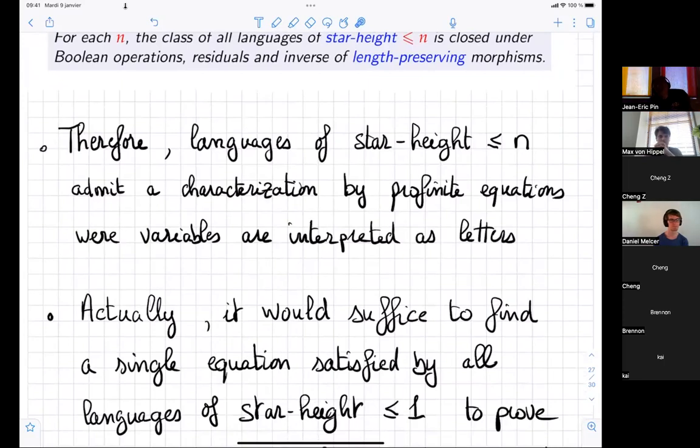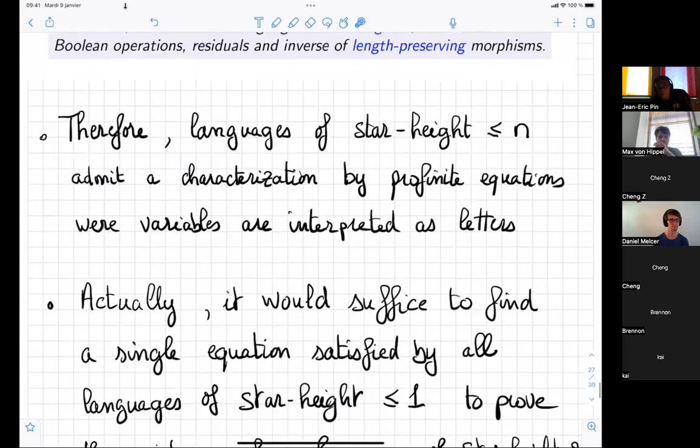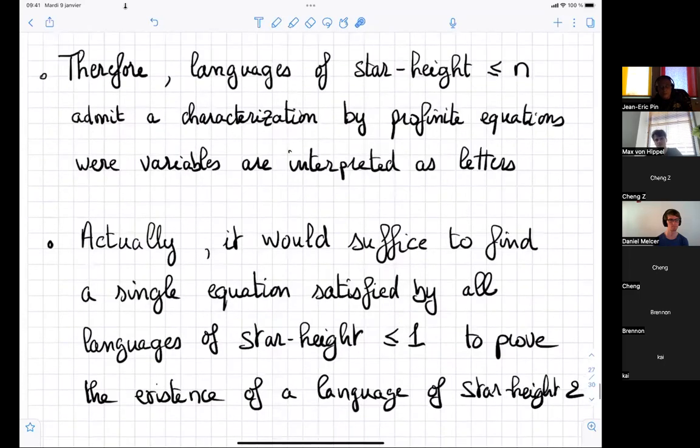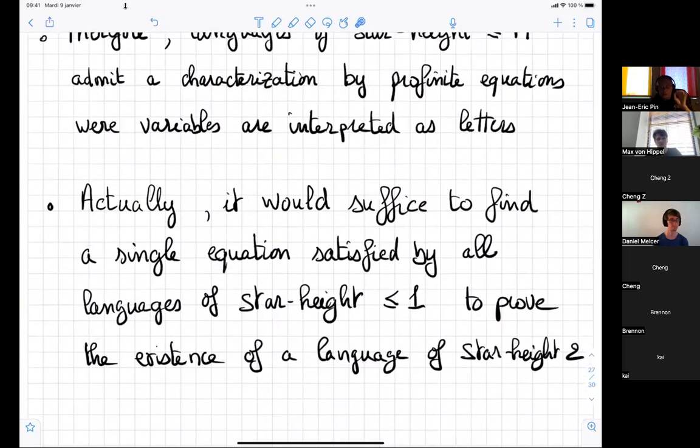So now there are two questions. If you think there is a language of star height 2, it would suffice to find just a single equation satisfied by all languages of star height less than 1 to prove the existence of a language of star height 2. You don't even need to have a full characterization. If you just find a single equation, that's fine. You will take a language which does not satisfy this equation. That's it.